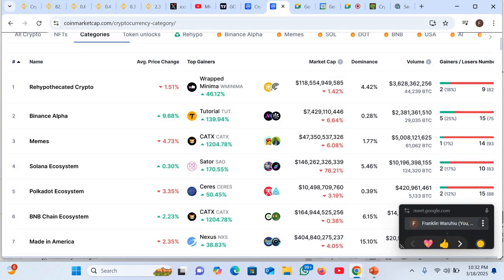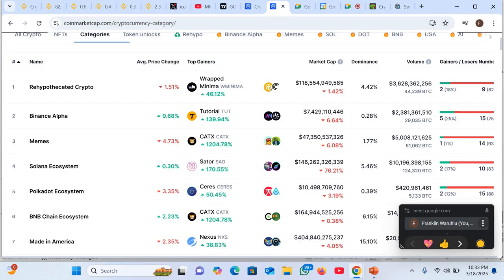So during this time, which are some of the coins that you should be paying attention to? I have covered the different categories, some of the popular categories, or what we call crypto narratives. If you look at the Solana ecosystem, it is one of the biggest ecosystems that we have in the crypto space.